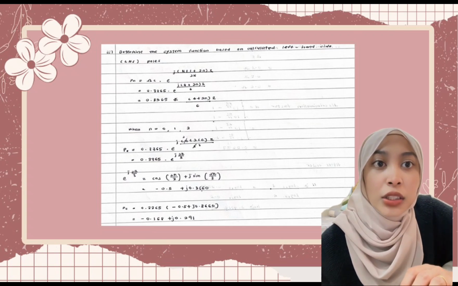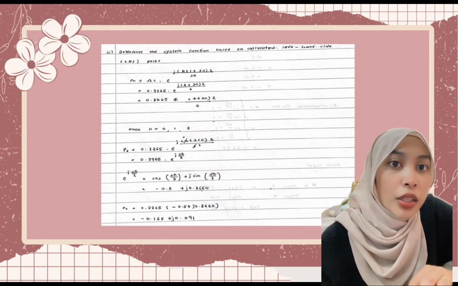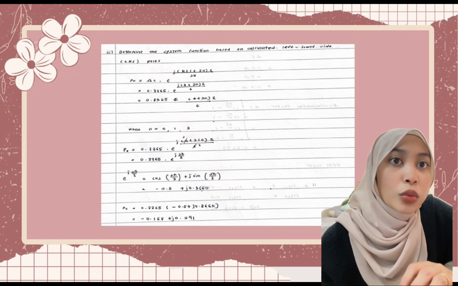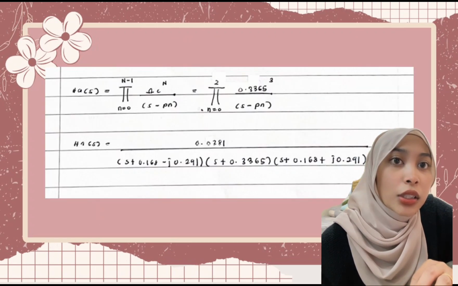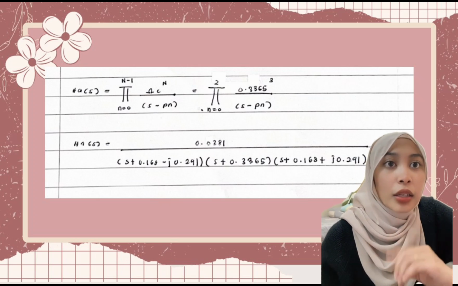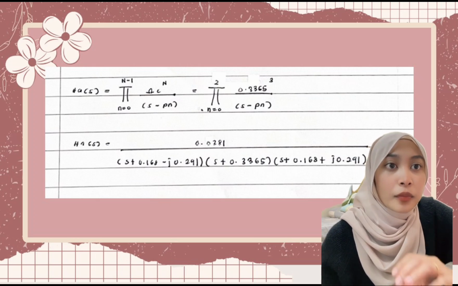For example is p0, and then for the last, H(s) equals omega c power n per (s minus pn).